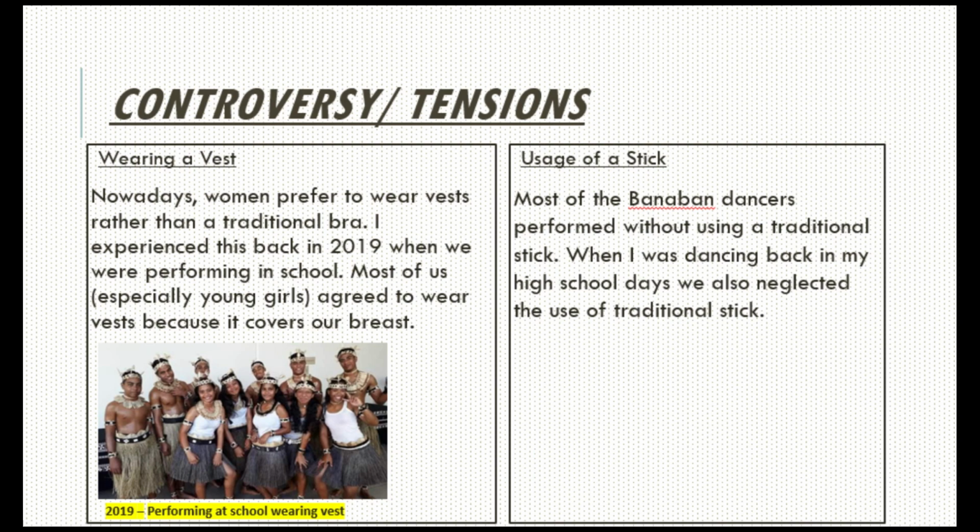Nowadays, especially young girls, they said that wearing a traditional bra exposed their breasts, so they decided to wear the modern clothes, the modern white vest, to cover their breasts nicely. You can see that photo down there. That's my picture.